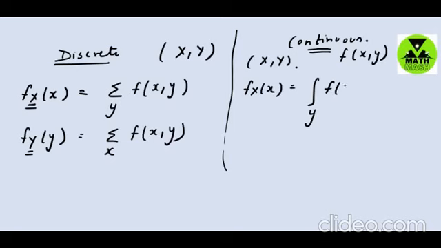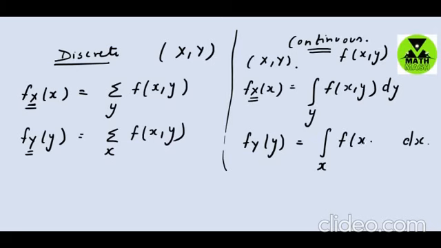So simply integrate f(x, y) with respect to y. And what is the marginal density of y, the individual density of y? This is taking the integral over x, integrating with respect to x only, of the joint probability density function f(x, y). So this is for the case of continuous.